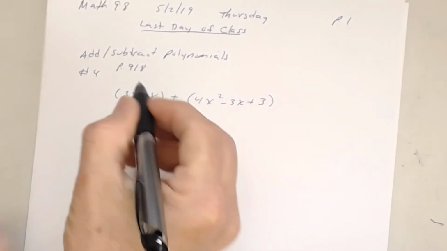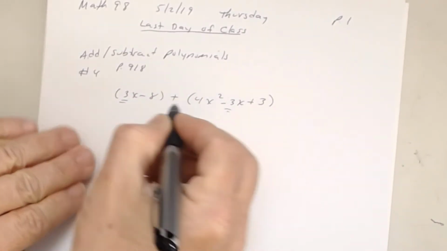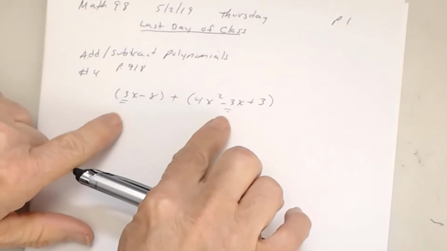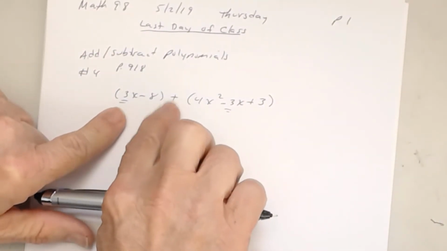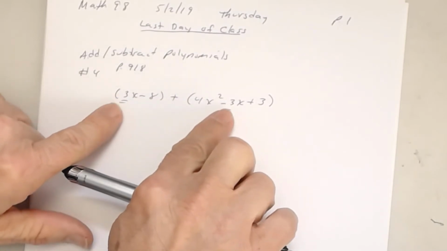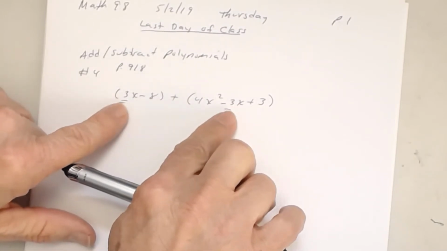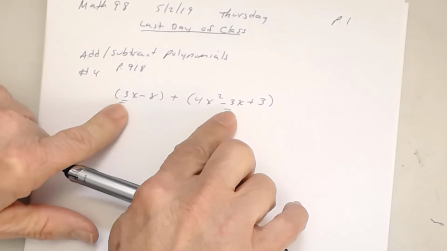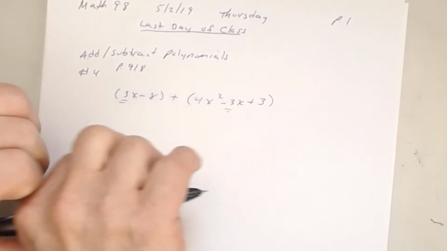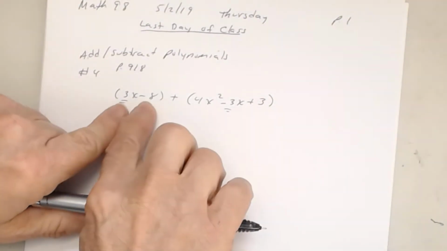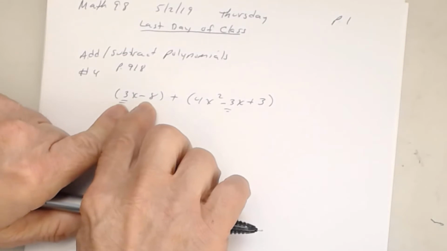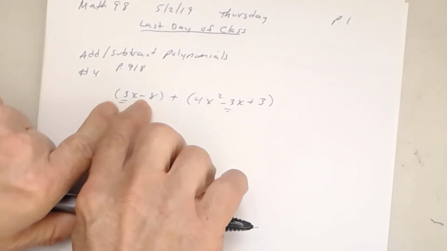Okay. So what I'm going to do is just underline these. Adding is the easy kind. I'm going to underline these to indicate that those are the ones I'm going to combine. And basically you're adding the coefficients. What's 3x and a negative 3x? What's 3 plus a negative 3? 0. All right, so that term goes away. Then I'm going to go to the next term, which is the constant, negative 8.